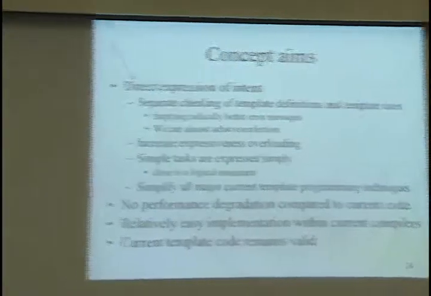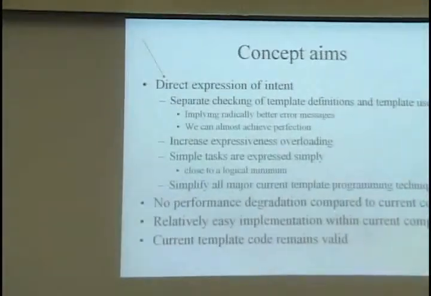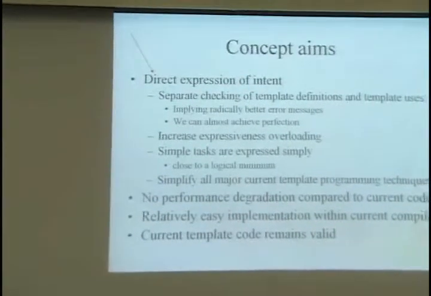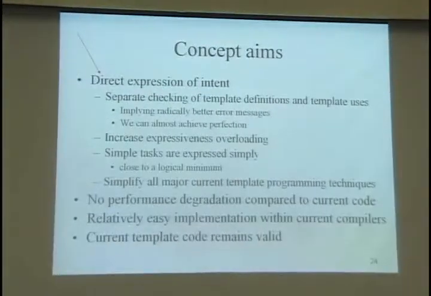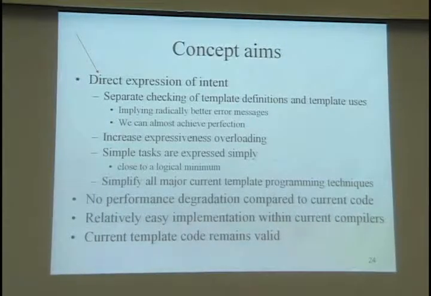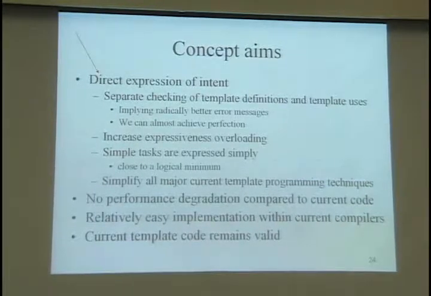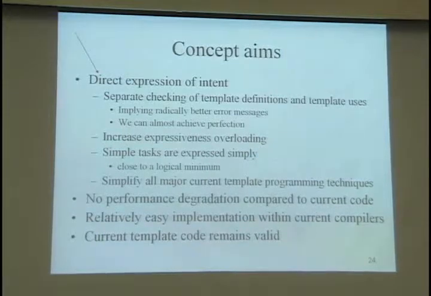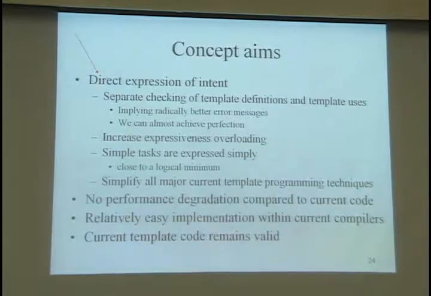Let's see. So what do we want to do? Again, back to the fundamental, what we always want to do with C++: direct expression of intent. So if I'm writing a piece of algorithm that wants something that can be used as a matrix of something that behaves like floating point numbers, that's what I want to say. And when we state our things, we would like to separate implementation and use.